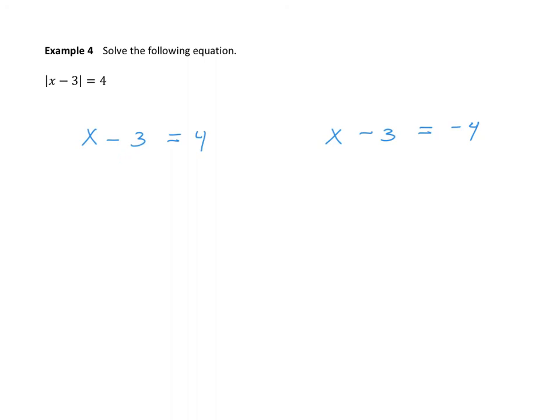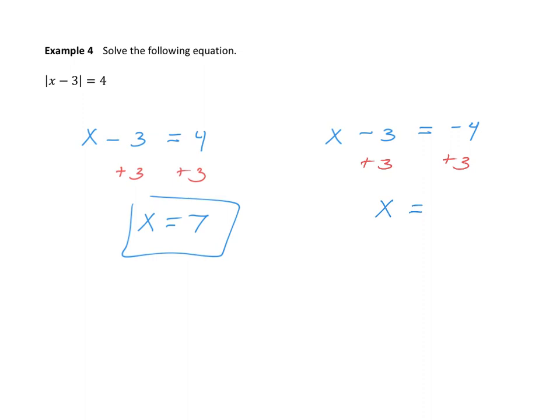Over here, I will add 3 to both sides, and that gives us that the solution is x is equal to 7. And that makes sense. If you put 7 here, 7 minus 3 is 4, and the absolute value of 4 is 4. Over here, again, you're going to add 3 to both sides of the equation, but we get a different number this time.